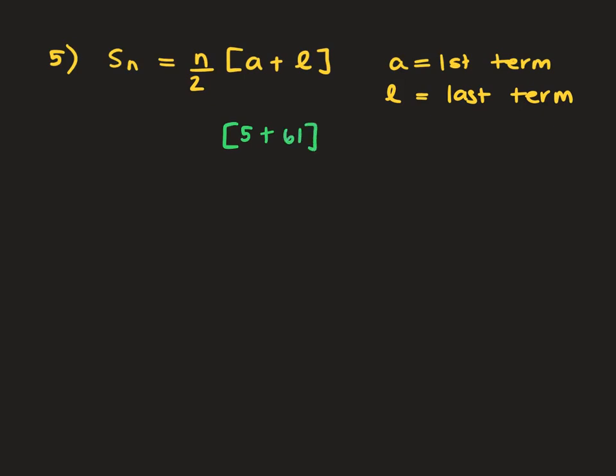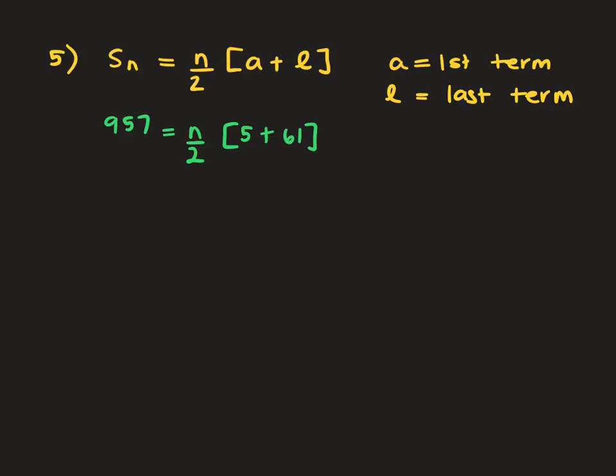It says if we sum all the terms, we get 957. Determine the number of terms. So we're actually going to solve for n. When you sum all the terms, you get 957. Okay, so yeah, this is it.